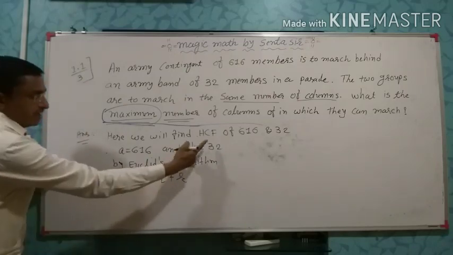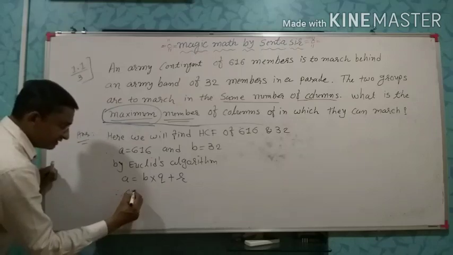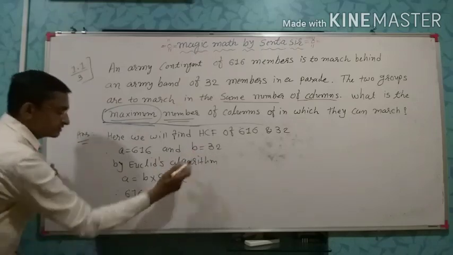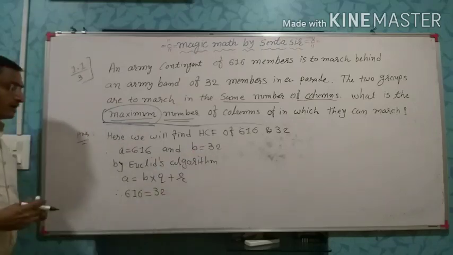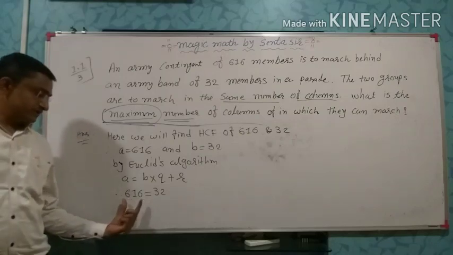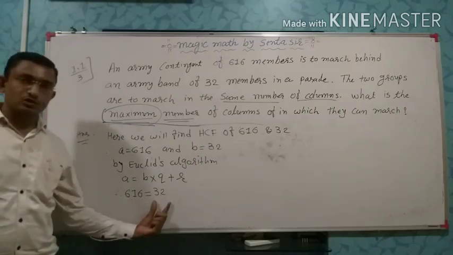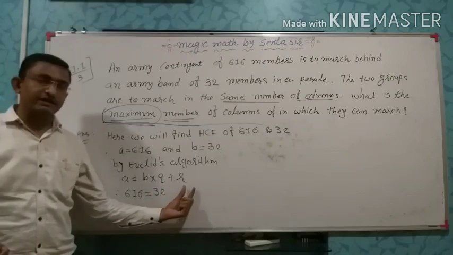Therefore, A means 616 is equal to B means 32. Now we divide 616 by 32 and get quotient and remainder.